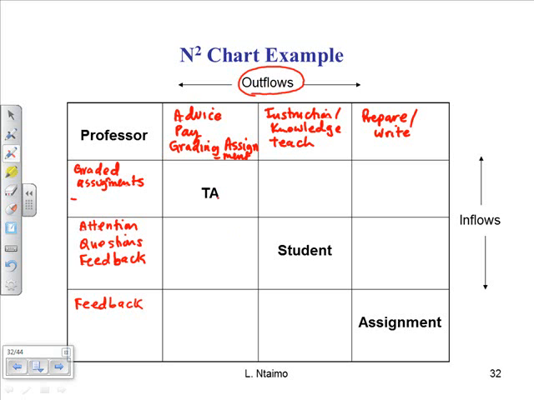Okay, how about let's move on to the next entity, the TA. The TA and student. What can the TA give to the student? Guidance. They can give guidance. They can give graded assignments or homework.